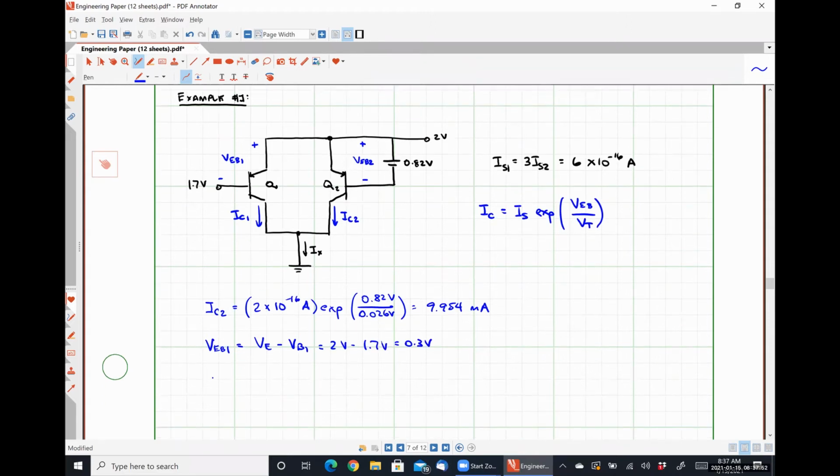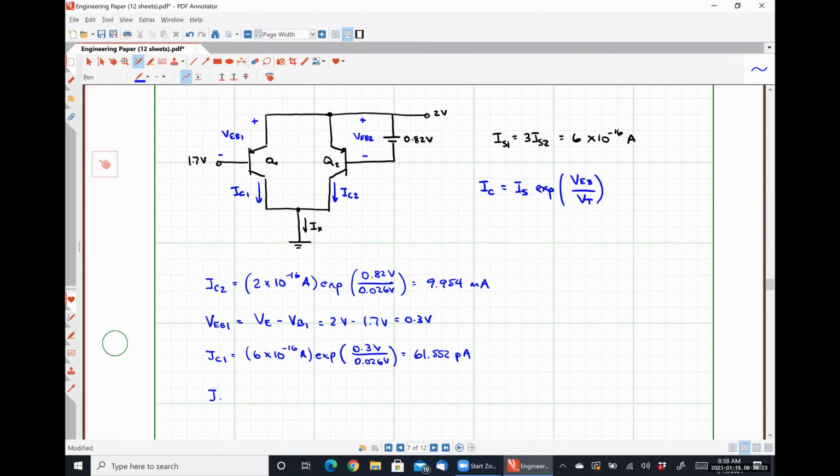From this, we have IC1 equal to 6 times 10 to the minus 16 amps times EXP of 0.3 divided by 0.026, which is equal to 61.552 picoamperes.